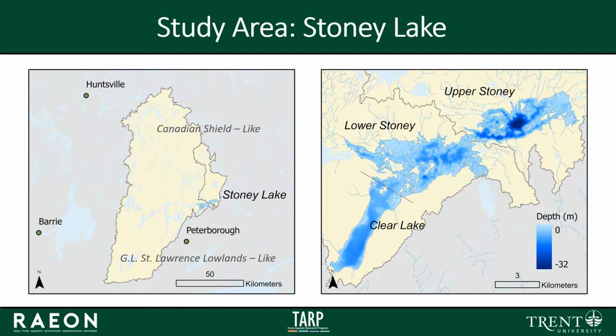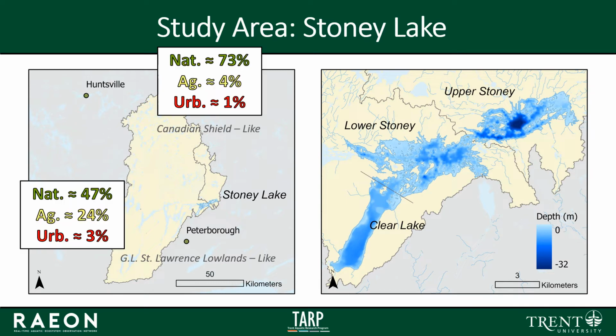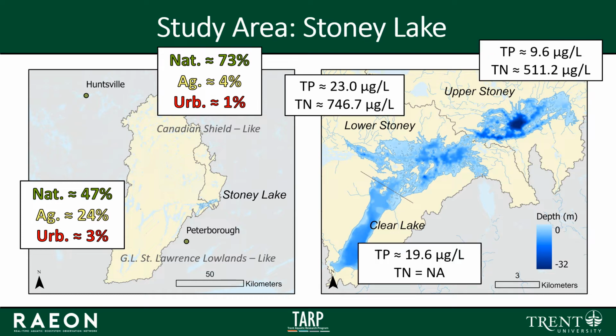The Upper Stoney Lake subwatershed also differs from the subwatersheds of Lower Stoney and Clear Lake in its land cover composition, where it drains a much more natural landscape with more forested cover. And these differences in watershed physiography and land cover are reflected in each of the basin's water chemistries, with Lower Stoney and Clear Lake having about twice the amount of nutrients compared to Upper Stoney.